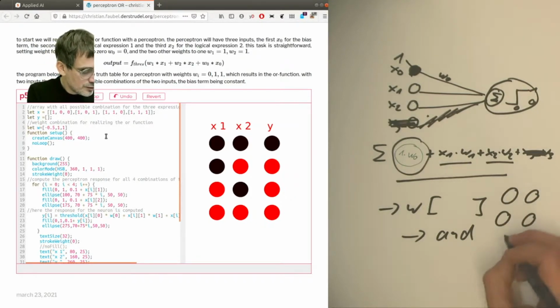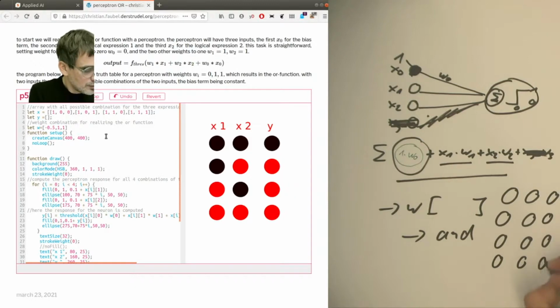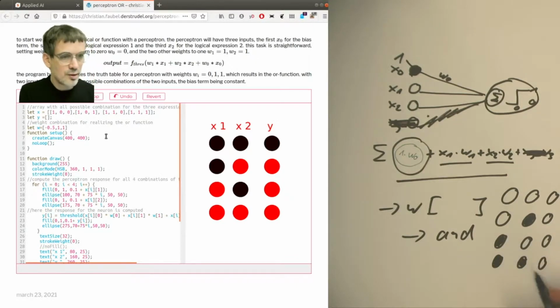Now I use this notation of circles. They are on when they are black, and the AND function only goes on when both are on. This is the logical AND.